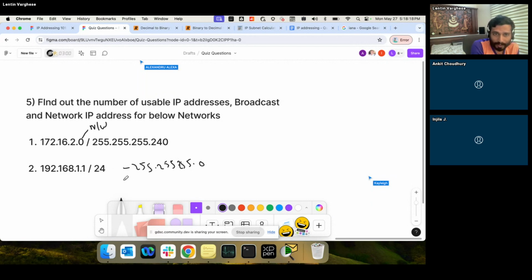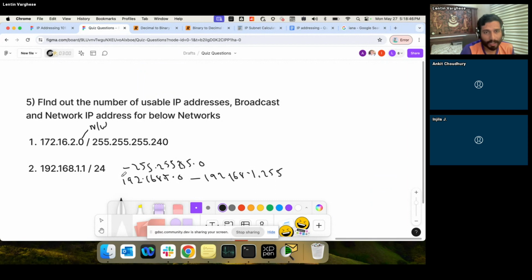Now you technically start the network with 1.0. That's the network address. 1.1 is the first usable IP address. 192.168.1.255 is the broadcast. So the usable IP address would be 1 to 254, basically 192.168.1.1 to 254.